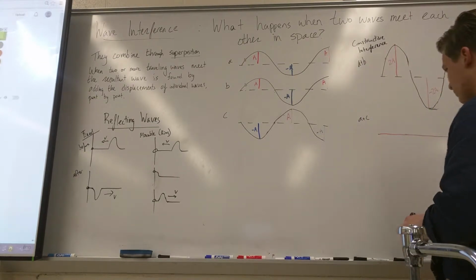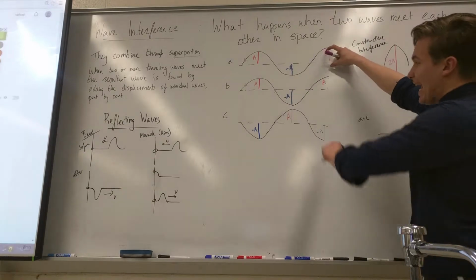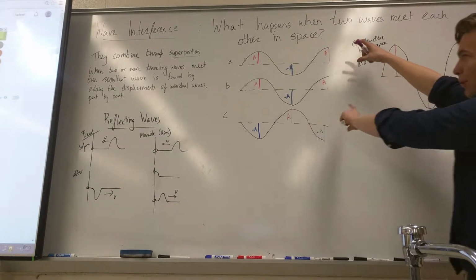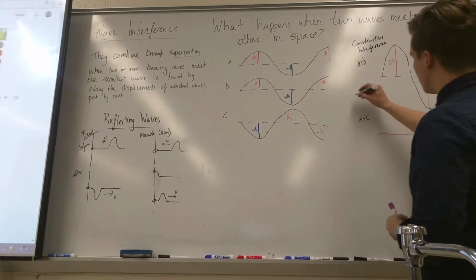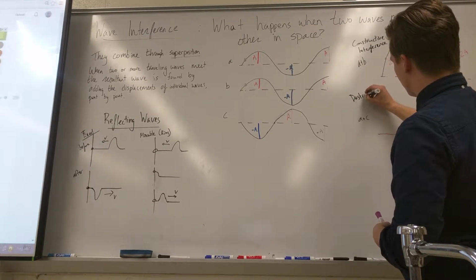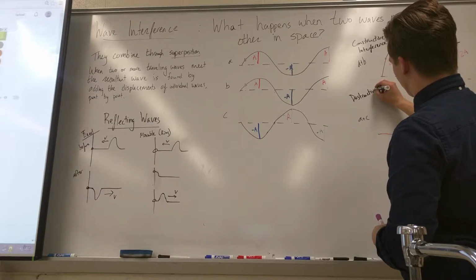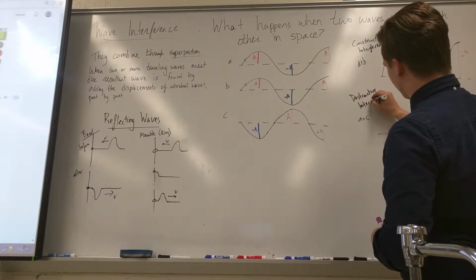If I were to instead take A and C and put them together in space, you should see destructive interference.